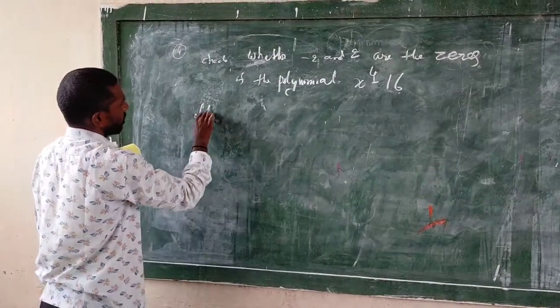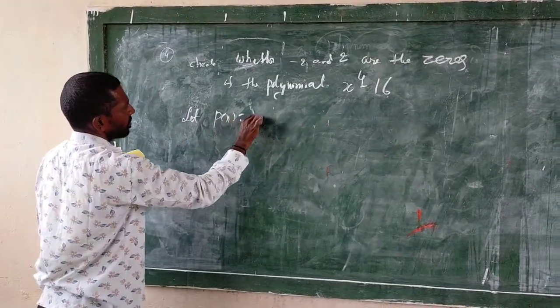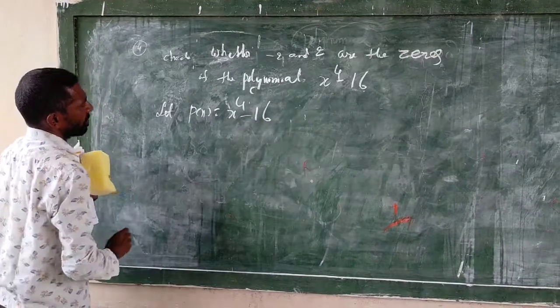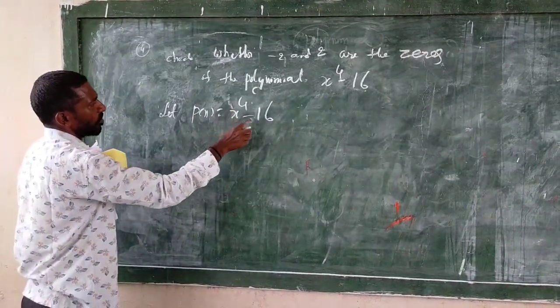Let P of x equal to x to the power of 4 minus 16.